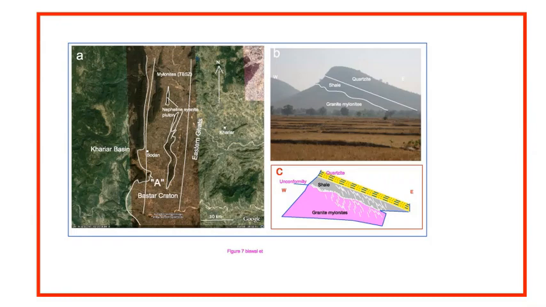Now, this comes to mind: why is the quartzite not deformed? Is it that the quartzite was deposited after the thrusting was complete? Thrusting affected the granite mylonite, it affected the shale. After that, quartzite was deposited. This is my interpretation. So when we published this paper, many people criticized, asking how it can happen.